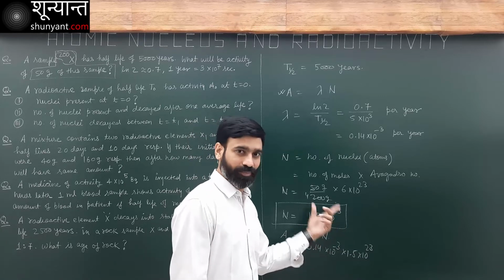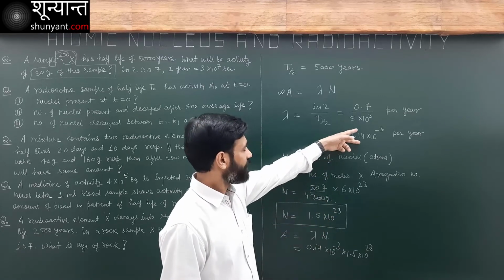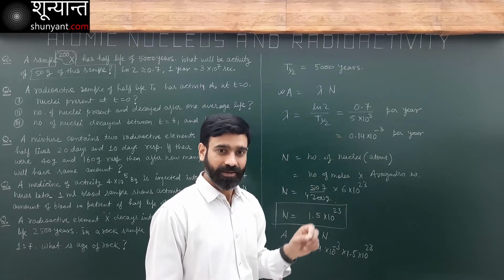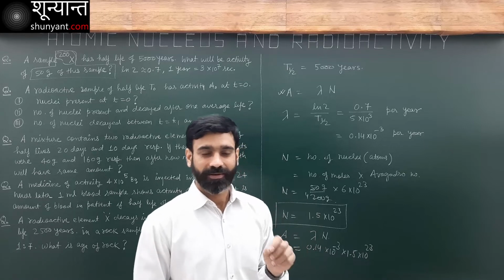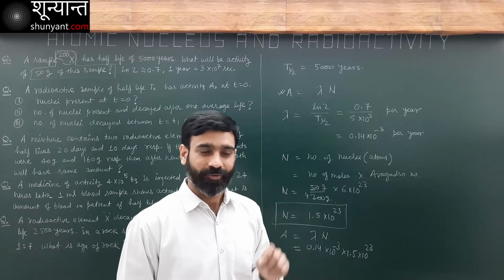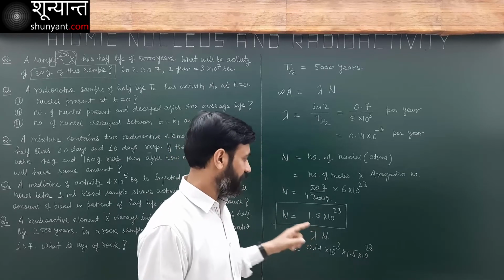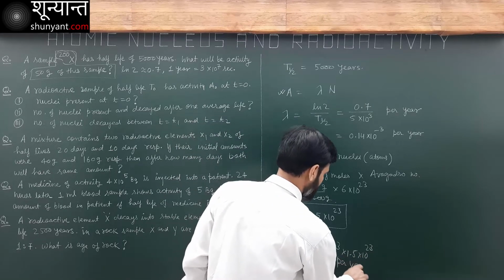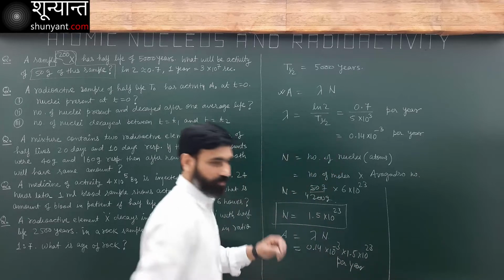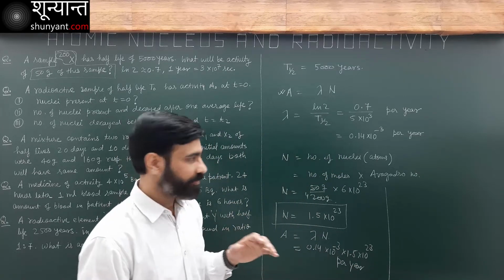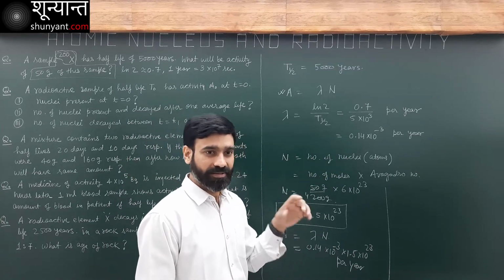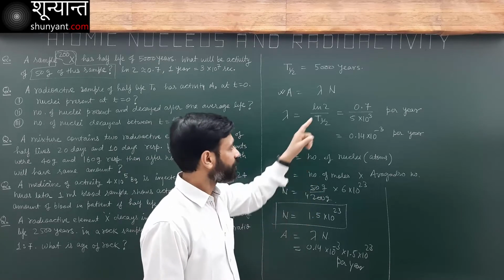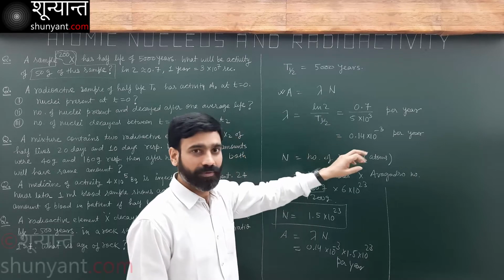This is just a pure number multiplied by this per year value, so the activity I find is per year, which is not an SI unit. What if I want my answer in SI, that is becquerel, decay per second? Then I will have to change this into per second.